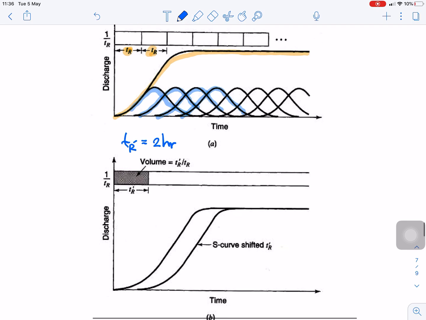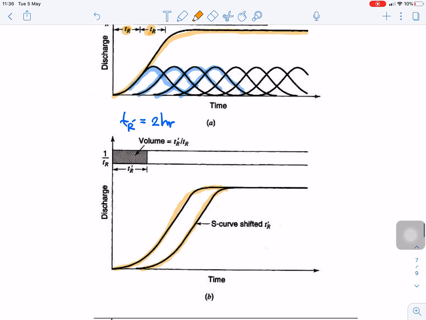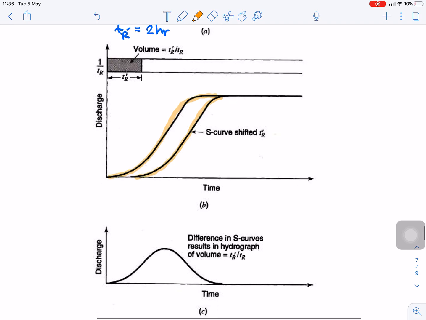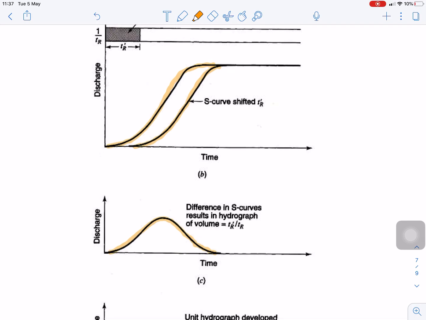This is the first and second S curve. We subtract the two S curves and get the new unit graph, but the volume is in the ratio between TR prime and TR.